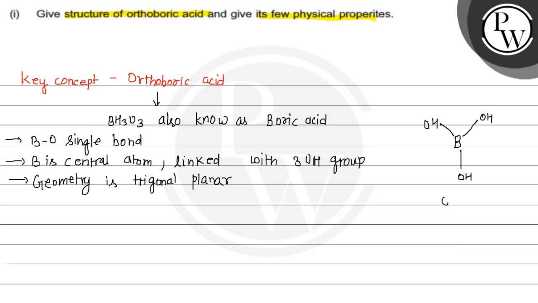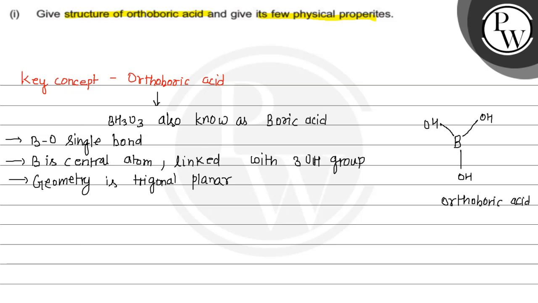This is the orthoboric acid. The structure of orthoboric acid, and in this three oxygen atoms form a trigonal planar geometry around the boron atom.